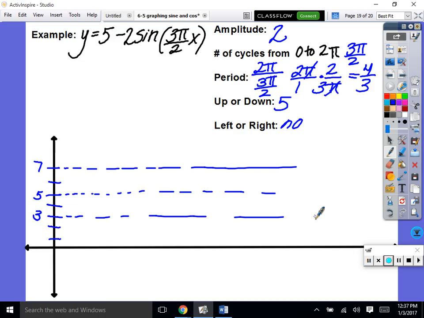Okay, so now our period. So from there, since there's no shift left and right, we're just starting at 0. We love these ones because they're easier. So we're drawing in 2 cycles. 1, 2, 3, 4. And the length of that one cycle is 4/3. So add another 4/3. 1, 2, 3, 4. And what does that put me at? 8/3. They're not pi's, which is completely fine because this one's just the pi's already multiplied in.